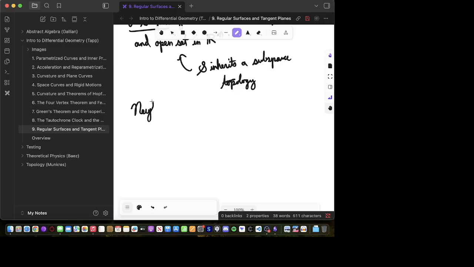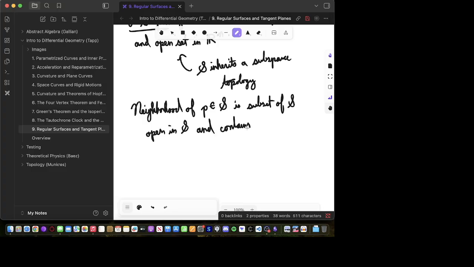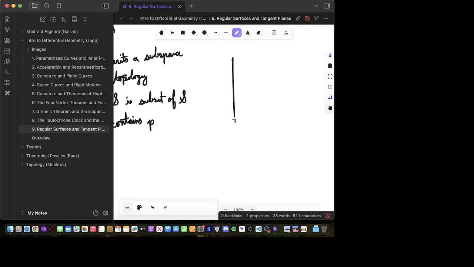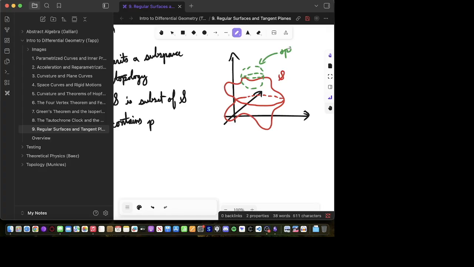So a neighborhood of a point P in S is a subset of S that is open in S and contains P. So let's say we have a subset S, and let's say we have an open set, and this is open.